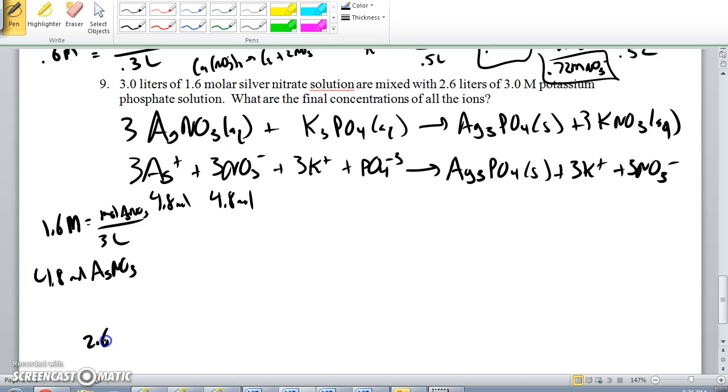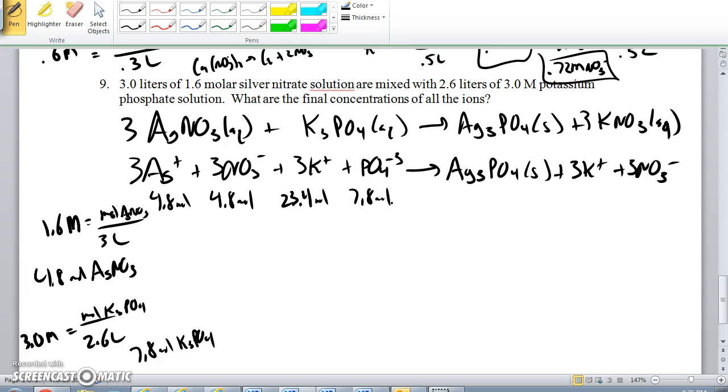We have 2.6 liters of potassium phosphate, and that's equal to 3 M. So 2.6 times 3 gives us 7.8. So we have 7.8 moles of K3PO4. That's a 1:3 ratio. So 7.8 times 3 gives us 23.4 moles of K, and this gives us 7.8 moles of phosphate.